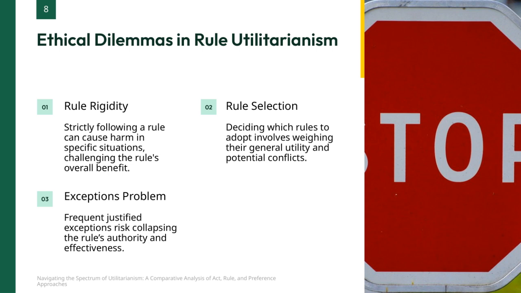Finally, the exceptions problem highlights that if we make too many justified exceptions to rules, it can undermine the authority and effectiveness of those rules, essentially weakening the system that rule utilitarianism relies on. The stop sign image here nicely symbolizes the idea of rules and when it might be appropriate to pause or reconsider them.